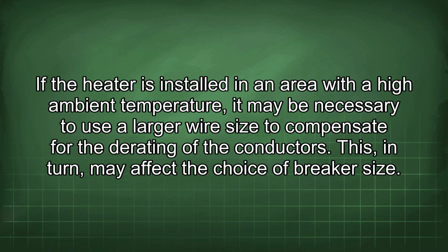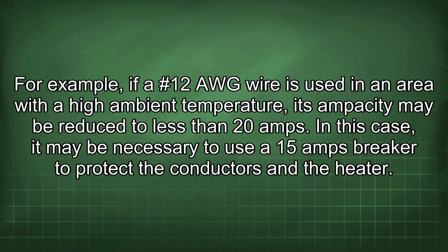If the heater is installed in an area with a high ambient temperature, it may be necessary to use a larger wire size to compensate for the derating of the conductors. This, in turn, may affect the choice of breaker size. For example, if a #12 AWG wire is used in an area with a high ambient temperature, its ampacity may be reduced to less than 20 amps. In this case, it may be necessary to use a 15 amps breaker to protect the conductors and the heater.